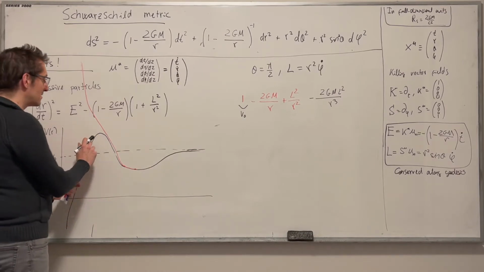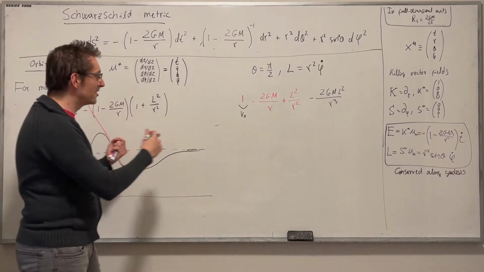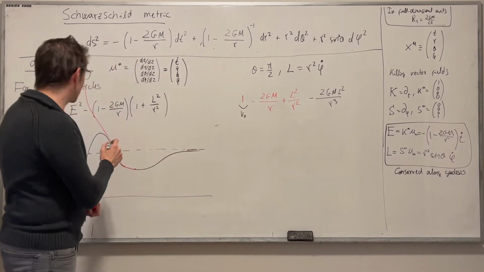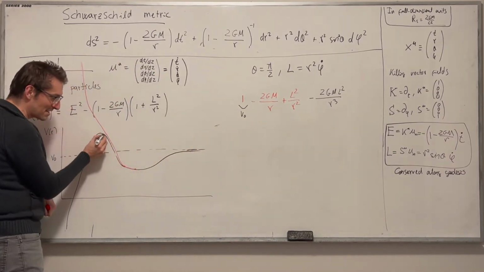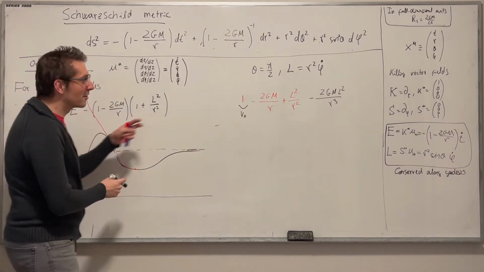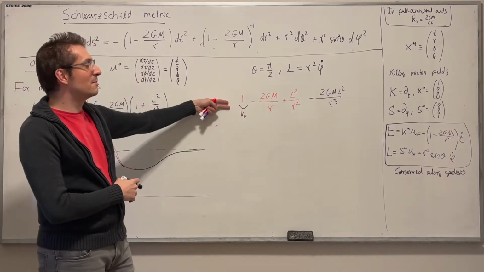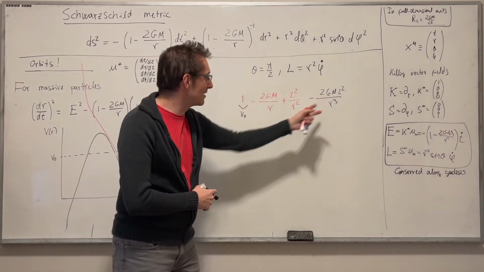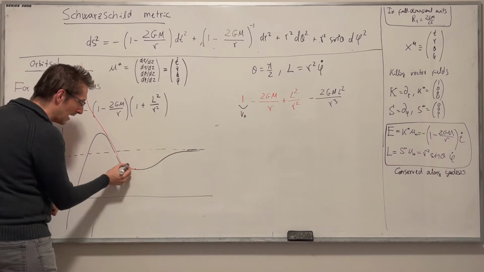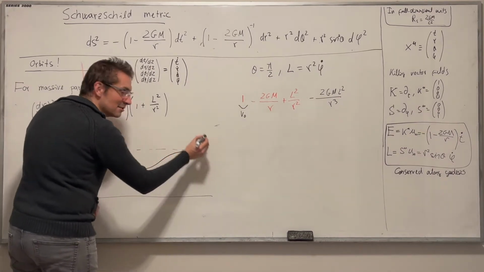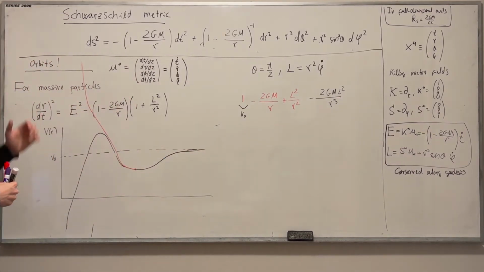But then at larger r's, this term kicks in, that is negative, so it brings it down again, so you create a maximum here. And then finally, for large enough r's, the origin of potential is the only thing that survives. All the other terms become negligible, and you go back to the asymptote. So that is the kind of function that we're plotting here.